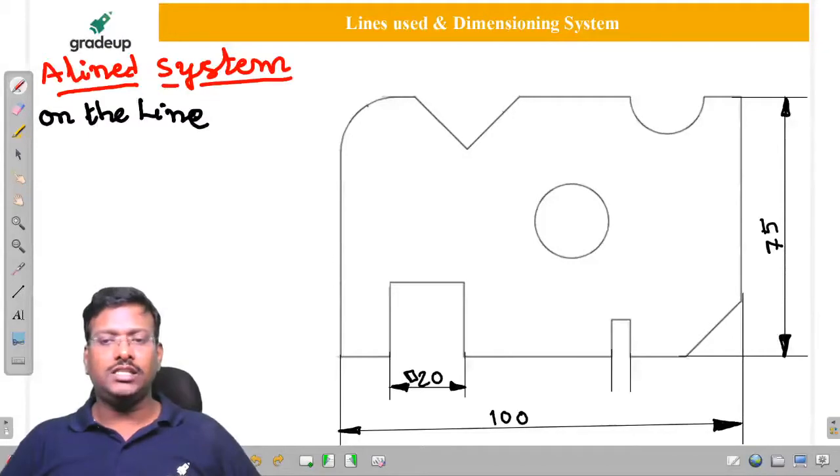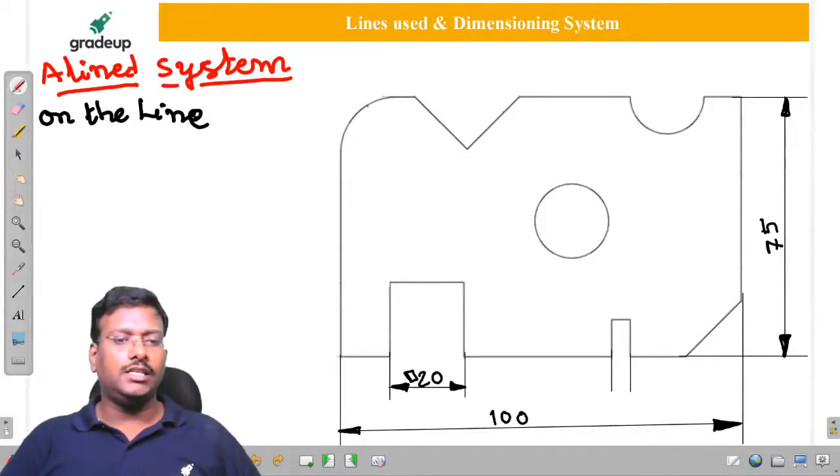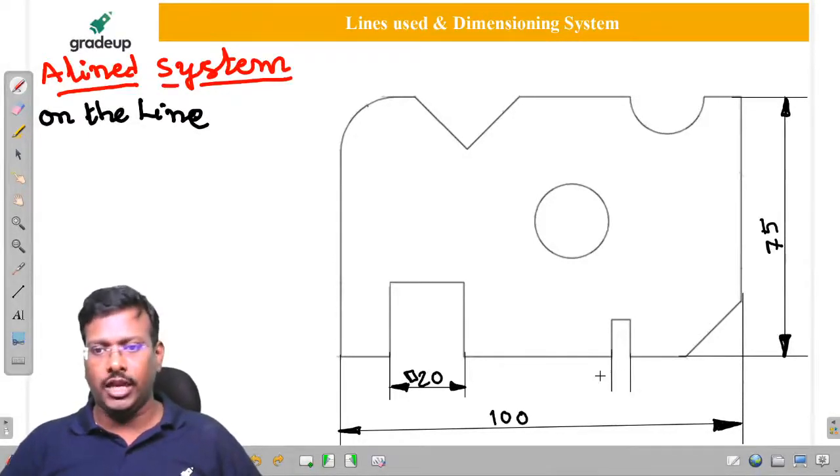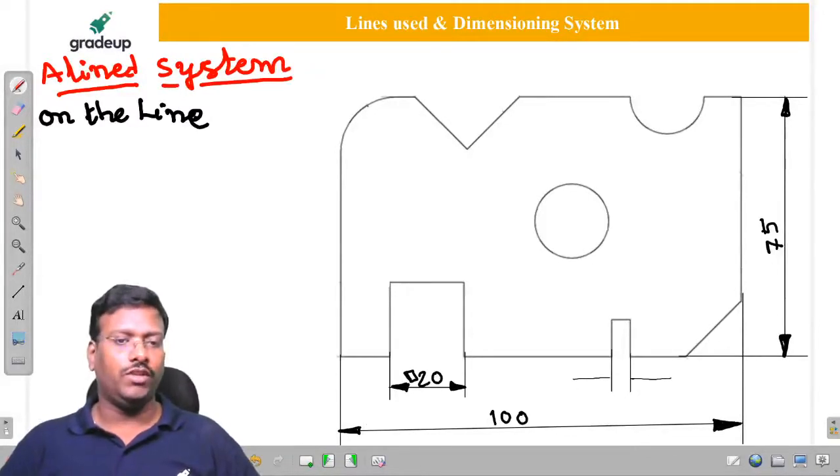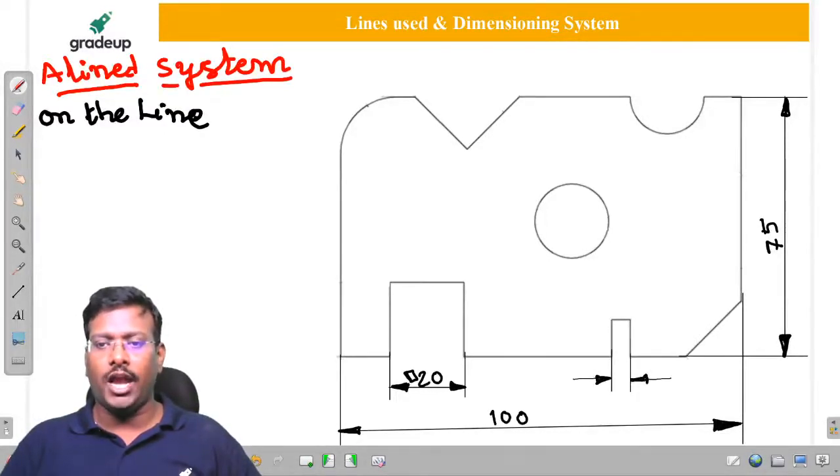Now, once this is the case, drawing lines inside is not possible. Dimension line is not possible. So that is why we are going to represent the dimension line outside. In this case, it is called outside dimensioning. Inside it is not possible, sir. That's why we give it outside and we have to give the arrowhead like this.